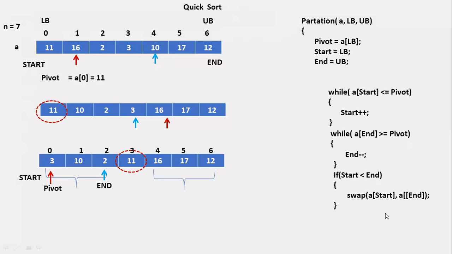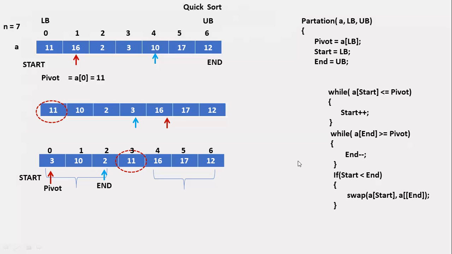And we have to repeat this particular process. See, here we did not stop, we repeated the process again. So once after placing the 10, I have moved the start to this position and the end to this position. So we are going to repeat this particular procedure until the start value is less than the end.